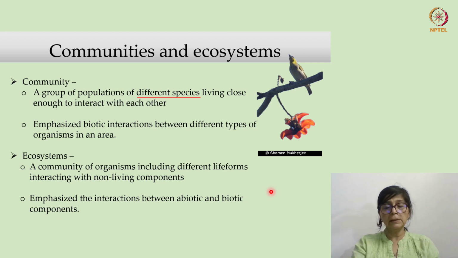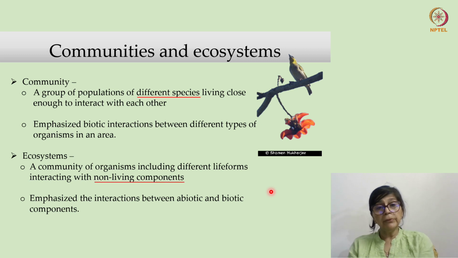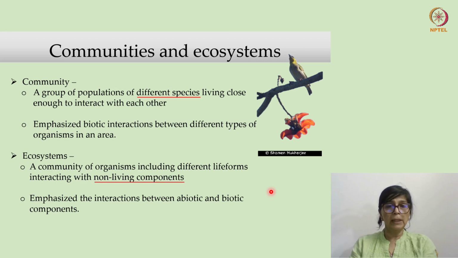And ecosystems, as we already talked about, are a community of organisms including different life forms interacting with their non-living components, or the abiotic components. Here the interaction between abiotic and biotic is emphasized.